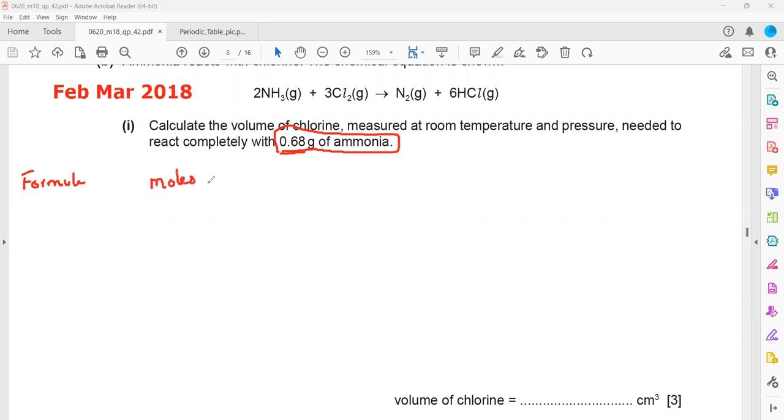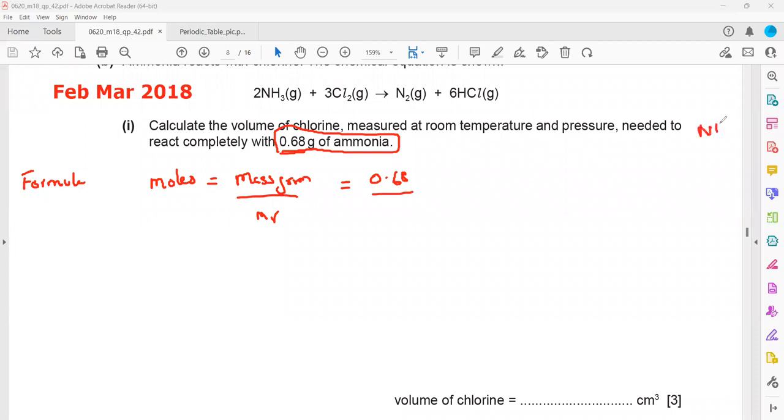Moles equals mass in gram divided by the molar mass. What about the mass in gram? We are finding the moles of ammonia, so the mass in gram is 0.68. Divided by molar mass. How to work out the molar mass of ammonia?